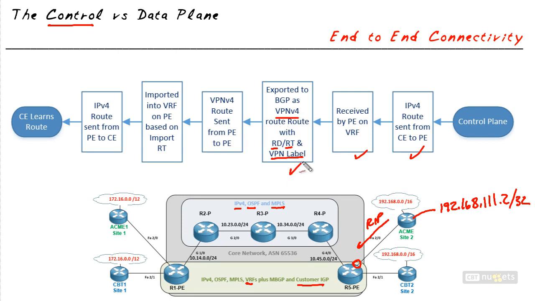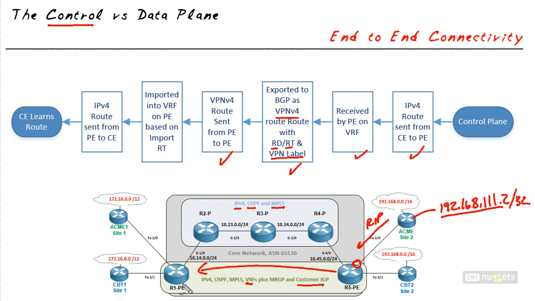So if that works, for example, we can take a look at the BGP tables and say, do you have a VPN v4 route in there? Then the next step would be to advertise that route to the other PE. So we could verify that as well on R1 simply by looking at the VPN v4 routes on R1. Do you, yes or no, have a route for 192.168.111.2? And if he doesn't, we might want to troubleshoot that BGP neighborship between R1 and R5.